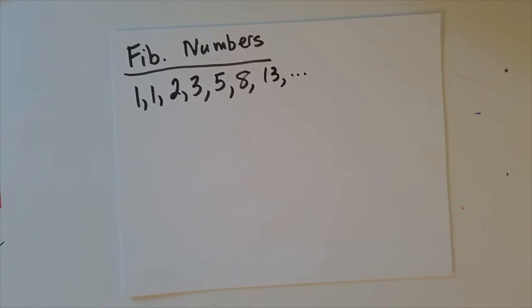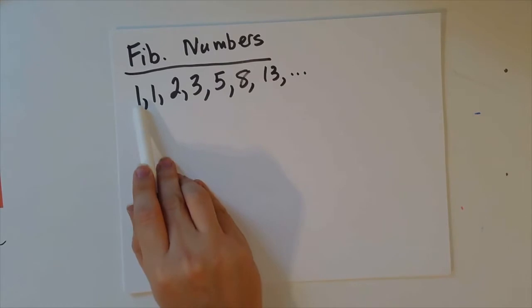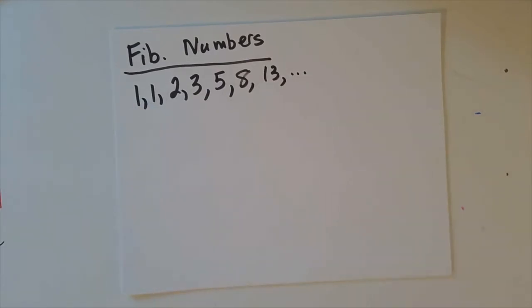And already things get a little controversial, so anytime someone talks about the Fibonacci numbers, you have to be a little bit careful. Namely, people disagree on what the first Fibonacci number I should write down is. So should I write down 1 or should I write down 0? I'm going to write down 1, and then is the first Fibonacci number the 1st Fibonacci number, or is the first Fibonacci number the 0th Fibonacci number?